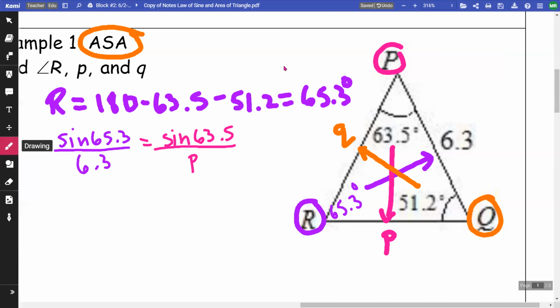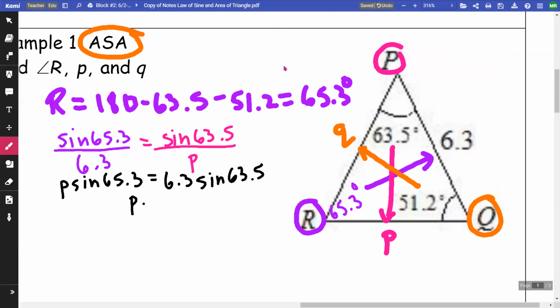When I cross multiply, I get p times sine of 65.3 is equal to 6.3 times sine of 63.5. I am going to divide both sides by sine of 65.3. So I get p equals 6.3 sine of 63.5 over sine of 65.3.